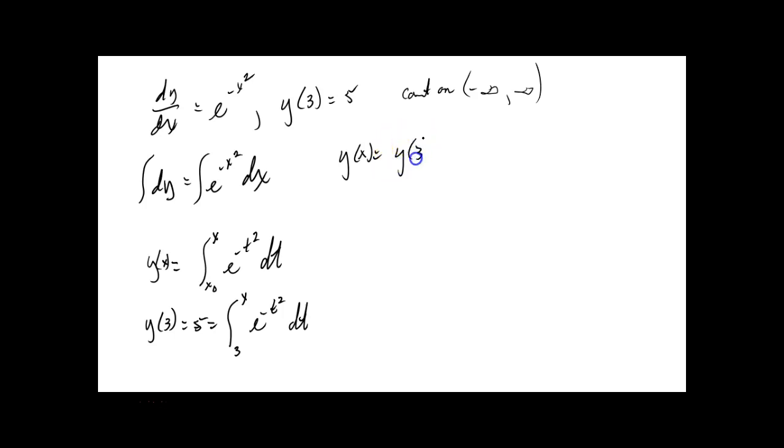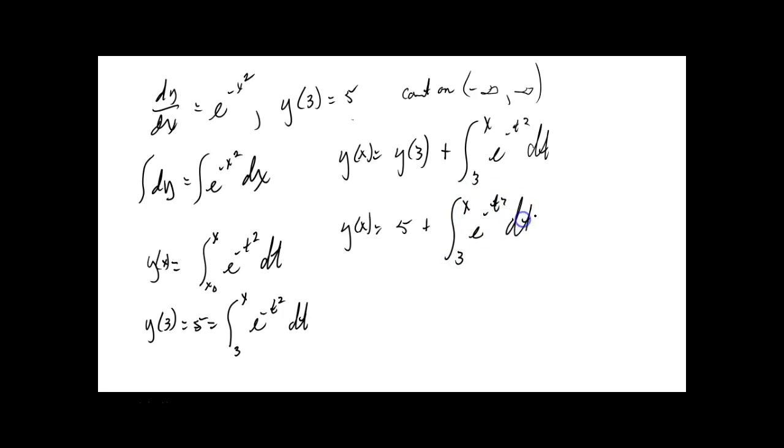Y of 3, which is 5, plus the integral from 3 to x of e to the minus t squared dt, and this will be y of x is equal to 5 plus the integral 3 to x of e to the minus t squared dt. Now, why they took so long to say that, but that is your answer.